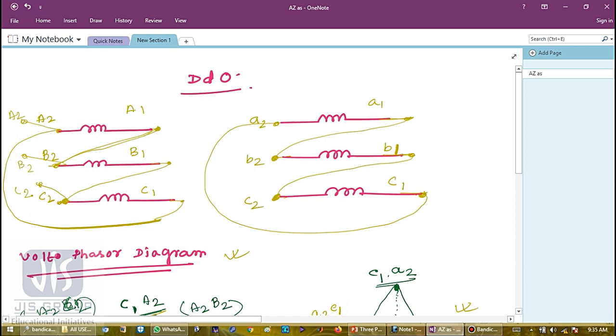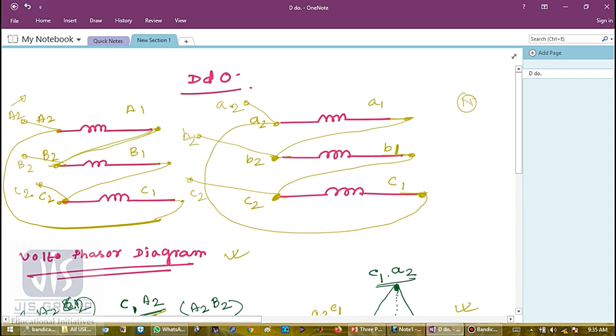And the load terminals will be brought out from A2, B2 and C2, because A1, B1, C1 are forming the virtual neutral. So from here we cannot bring out the terminal. So these are the terminals of the load side and these are the terminals of the input or supply side. Okay. So this is my connection diagram.